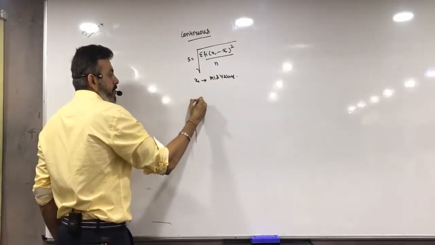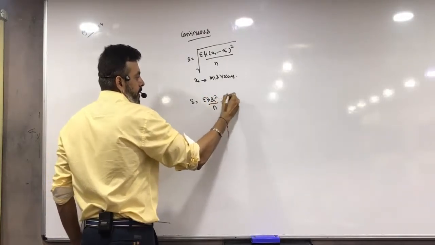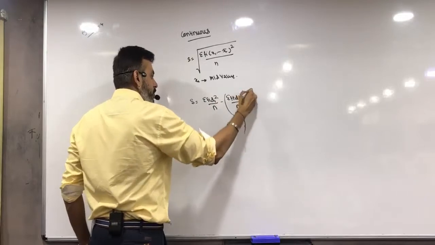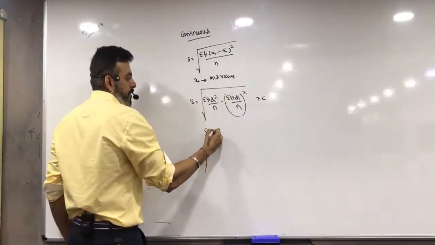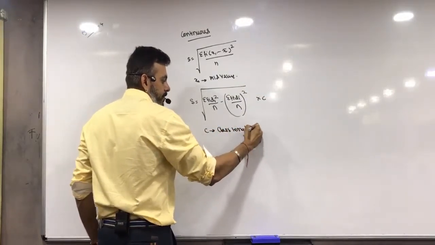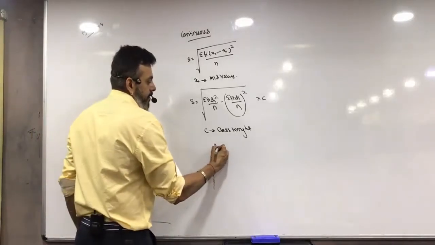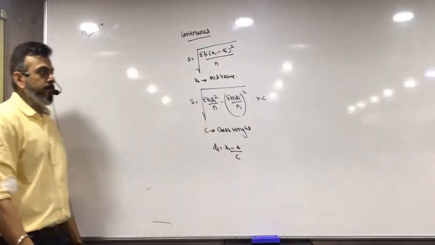And for the shortcut method, sigma fi di square upon n minus sigma fi di upon n the whole square, the whole under root into C. What is C? C is the class length. Okay? And di is equal to xi minus a upon C.